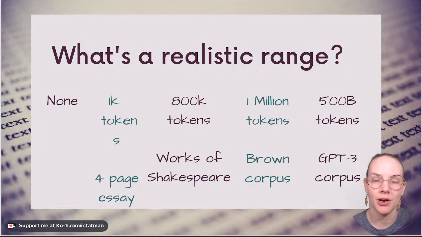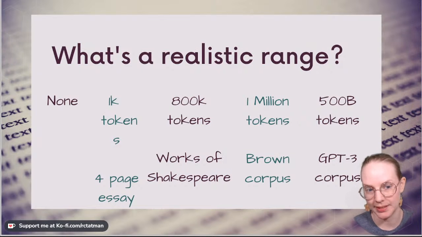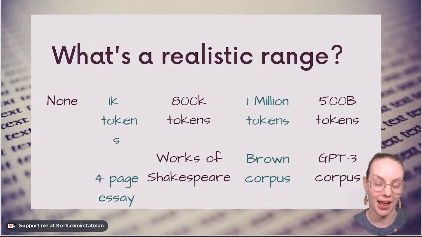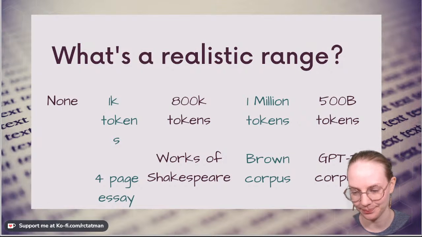And then the complete works of William Shakespeare that we have, obviously there are some lost works, is around 800,000 tokens. That should give you a rough idea of the range of corpus sizes, from the very high end, 500 billion, to one essay, which would be about 1,000.